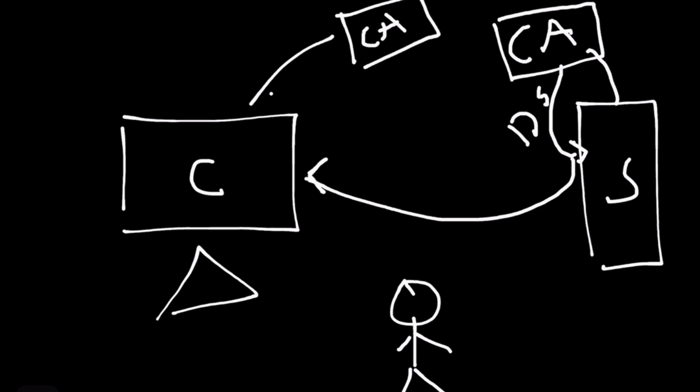So the browser will ask for the CA's key, and with the CA's key together with the public key, the client can decrypt the key to actually get the public key of the server. So the private key of the CA will be given to the browser, and out of it, the browser can actually remove the server's public key from the digital signature.